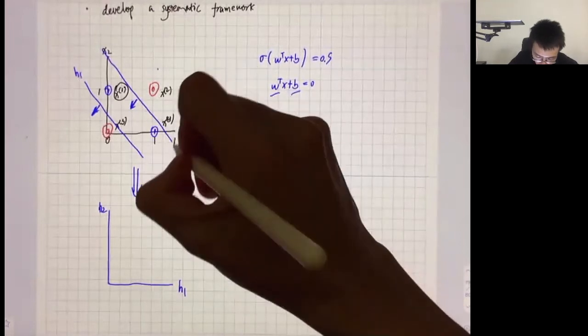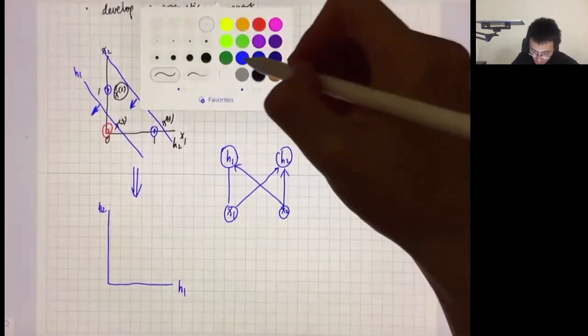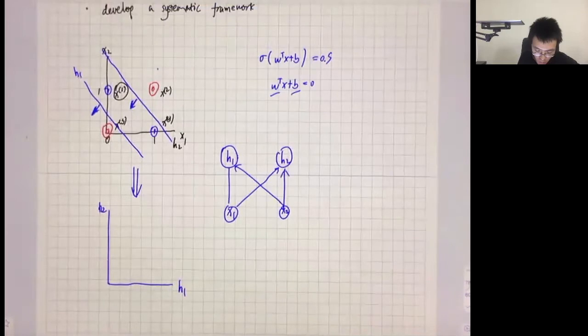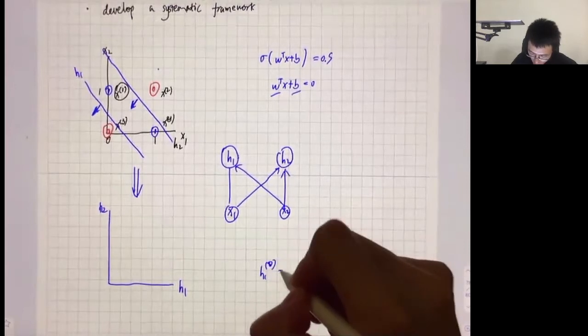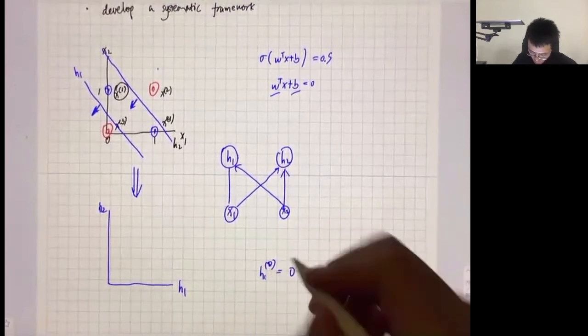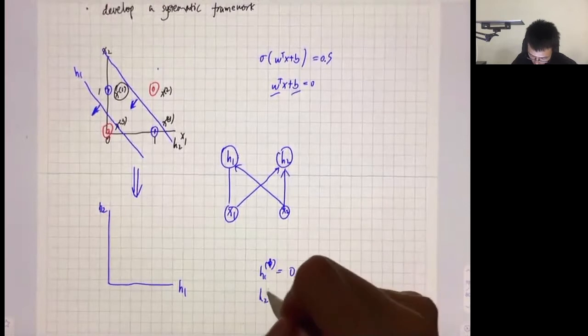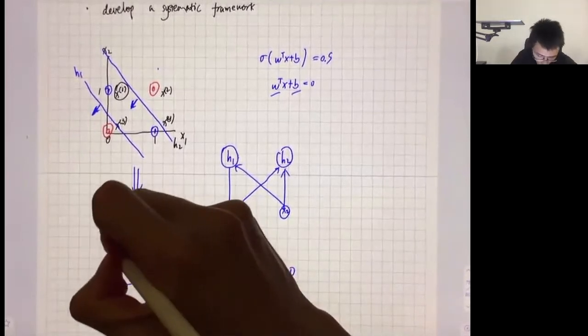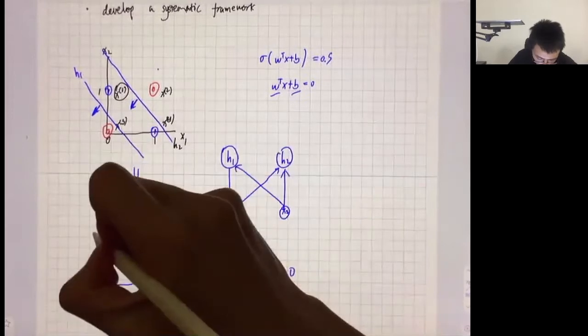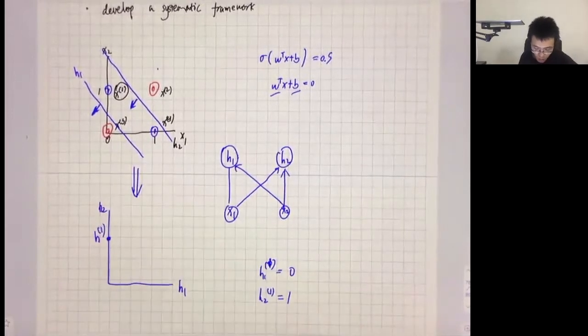Okay. So for the first data point, H1 should be 0, and H2 should be 1. Okay, so it's 0, 1. The first data point, H1 is this point.